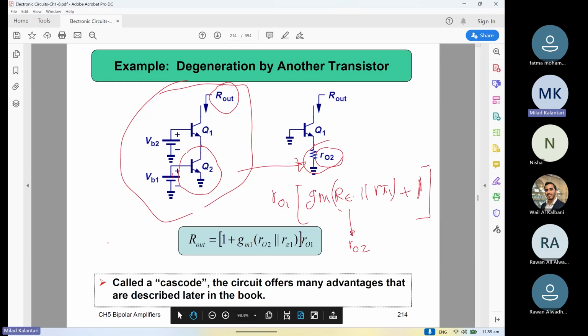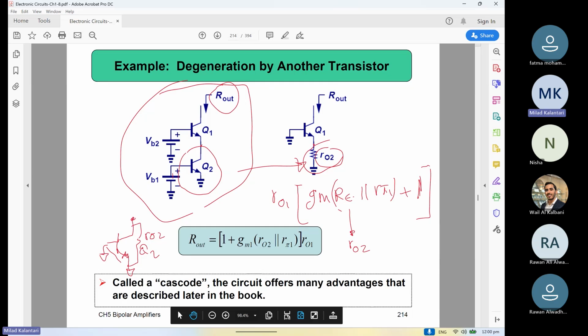For Q2, the base will be short, emitter short, this short. And this Q2 is connected to the Q1. But from the Q2, what will remain is only RO2. You can see that there is RO2 here. R pi is shorted internally.